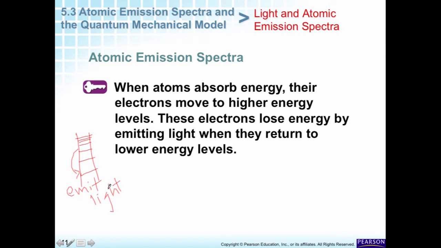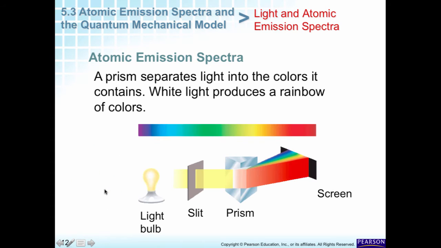We need instrumentation to see those emissions, but we can see visible colors, and that is why we have different colors for different atoms. So here's a picture of what a prism does. We have a slit that we shine light through, go through a prism, and the white light is separated into the colors of the spectrum or the rainbow.